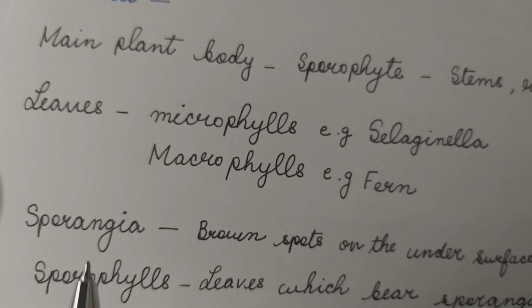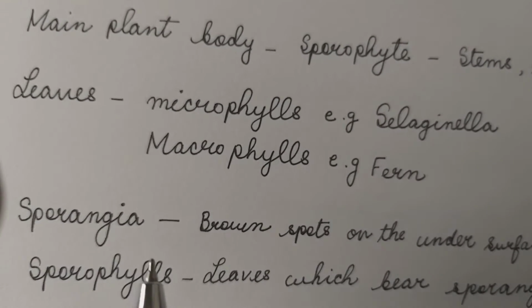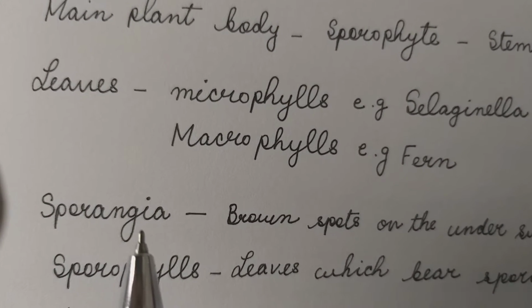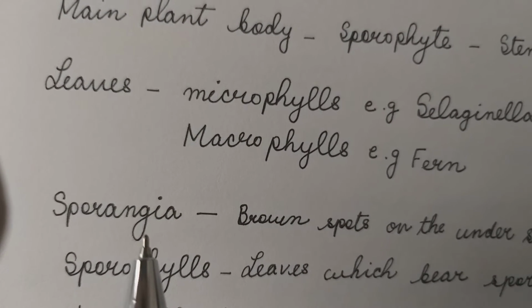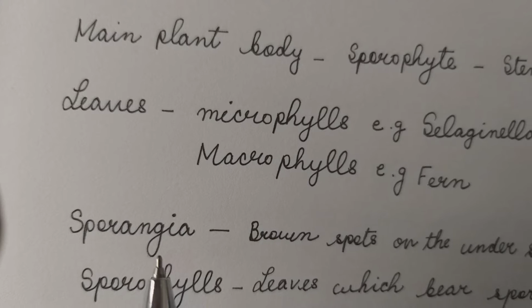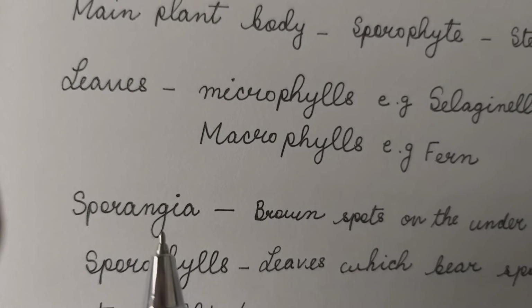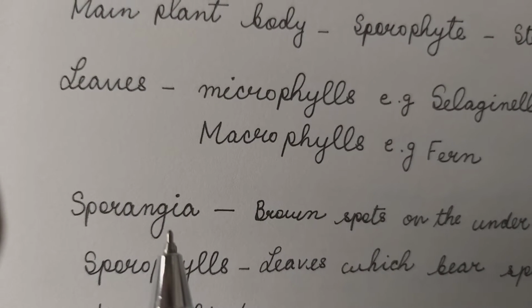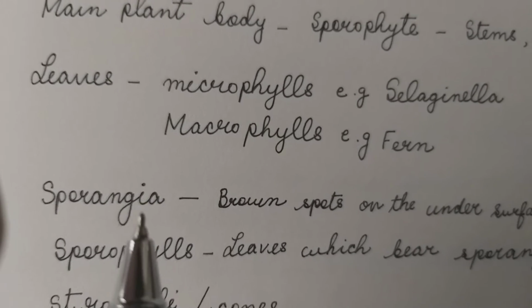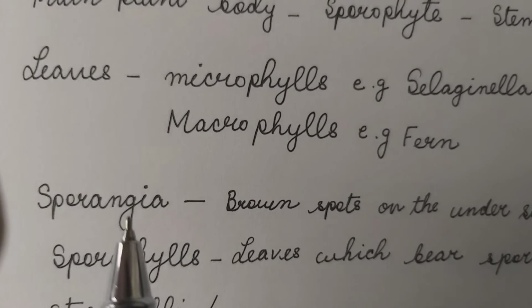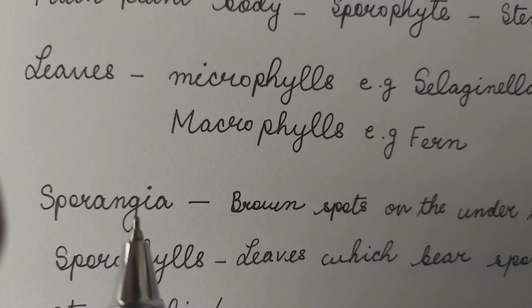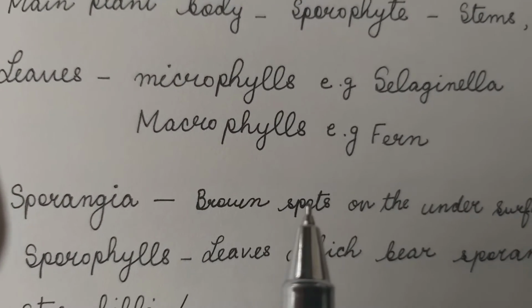Now sporophylls and sporangia. On the undersurface of the leaves of pteridophytes, there are certain circular brown spots. These are called sporangia. The sporangia are visible on the undersurface of the leaves as brown spots.